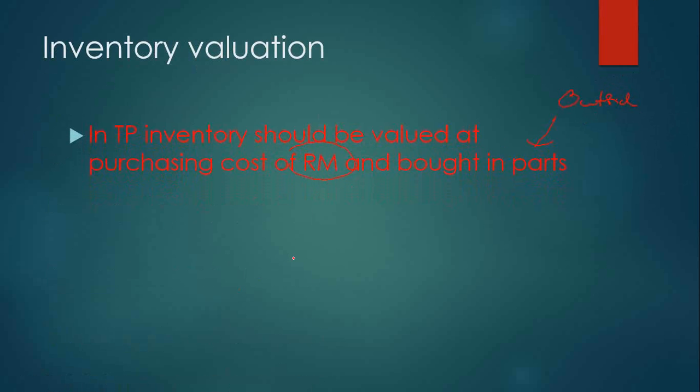Right. So in TP inventory, as I said, the only cost is the raw material and any parts that you have purchased from outside. Nothing else is considered in the inventory valuation. It should not include any other cost, including labor. So this is totally different from your total absorption costing and marginal costing inventory valuation.